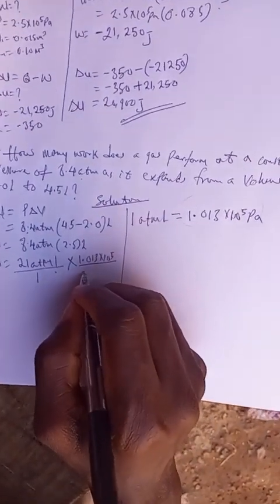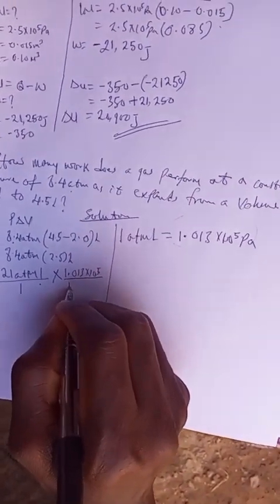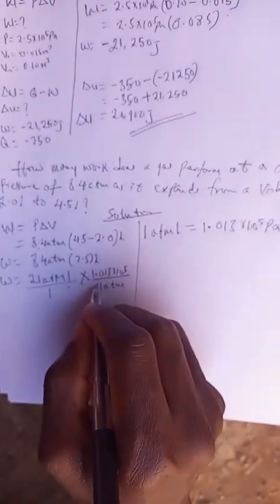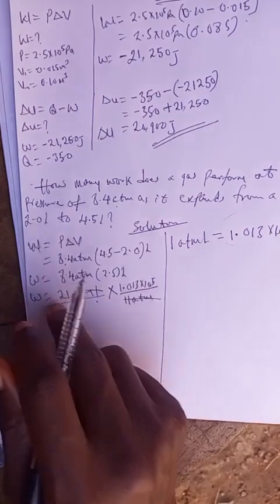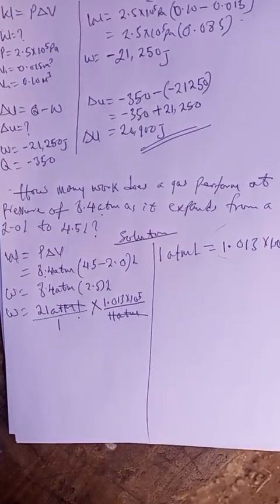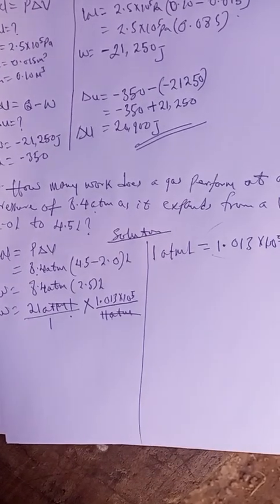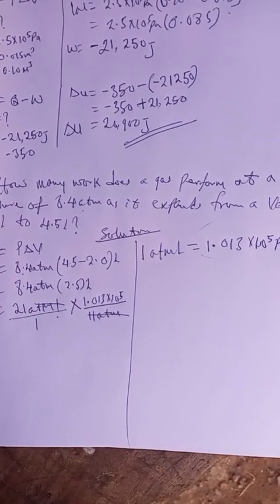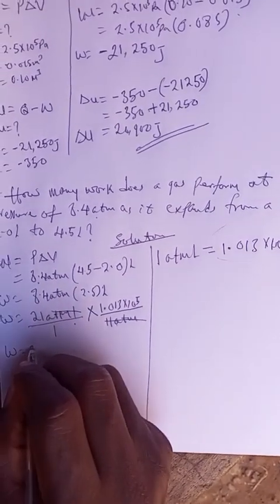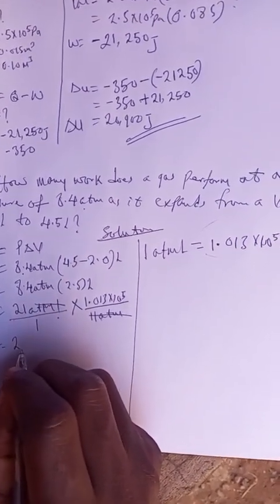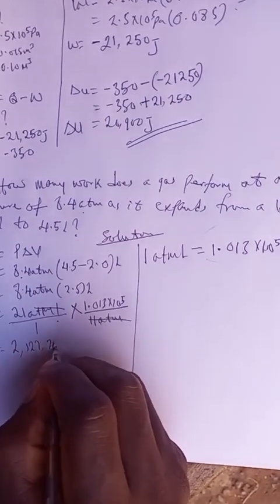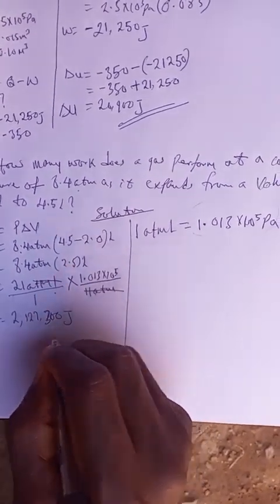So over 1 liter atm. Now this 1 liter atm will cancel this atm, then you multiply 21 times 1.013 × 10^5. And this will give you about W is equal to 2,127,300 joules. This is the final answer.